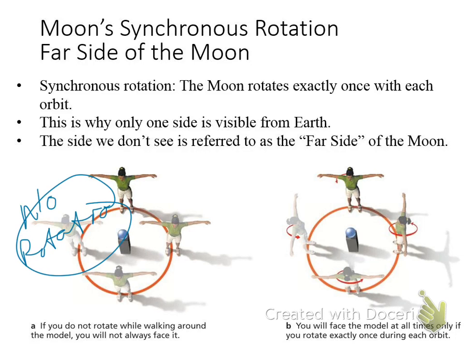Because of that, we only see one side of the moon. We see the pretty side. The back side of the moon, what we call the far side, is actually cratered. That makes you wonder if the moon ran interference for material that otherwise would have cratered Earth. So it's kind of taken a beating over the years.